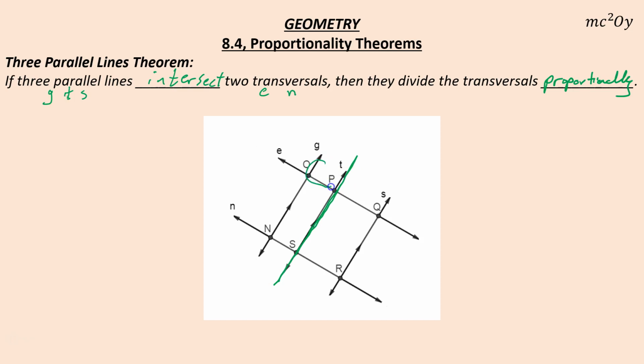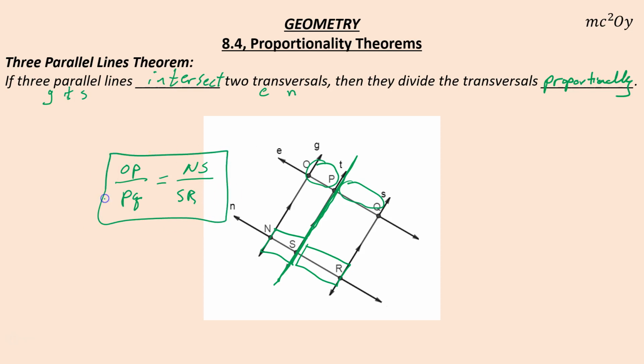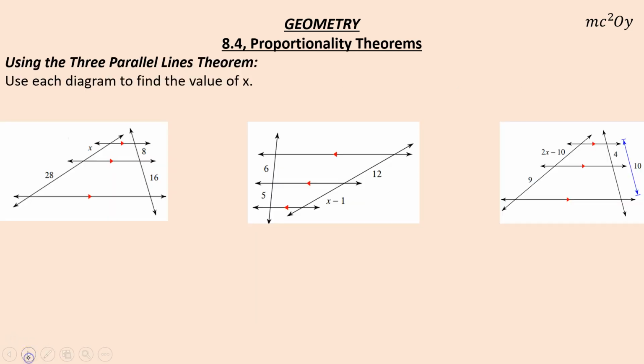What this is saying is this length, or OP, is to PQ as NS is to SR. So once again, here's your big fraction bar, if you think of it that way. Okay? That becomes your proportion. So note what has to happen. Three parallel lines cut by two intersecting transversals. Let's try some here.